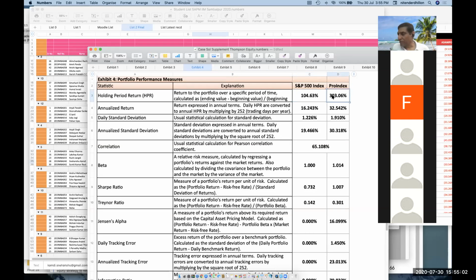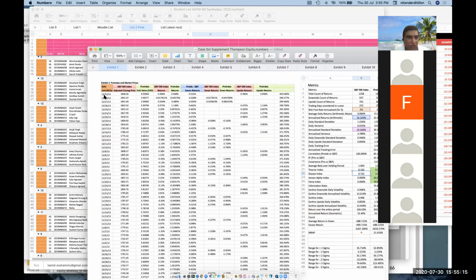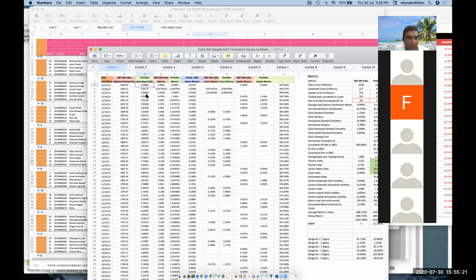Okay. So this holding period return, as she said, is only looking at the starting value and the end value. So all that we've done from Exhibit 1, holding period return, is we've just taken 2 values. On 31st of December, let's say 2013, the Pro Index fund was at 4.03.